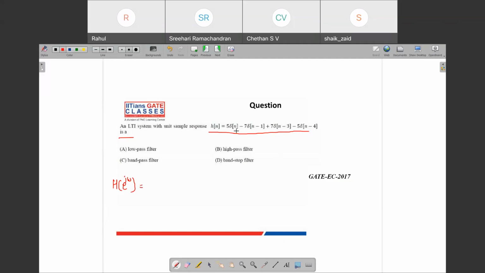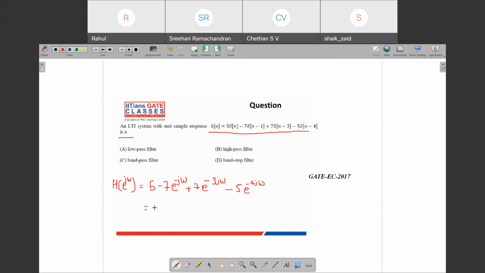When you calculate H of e to the power j omega, it will become 5 minus 7 e to the power minus j omega plus 7 e to the power minus 3 j omega, and then minus 5 e to the power minus 4 j omega.